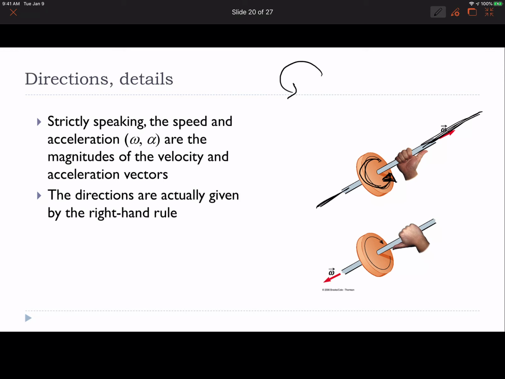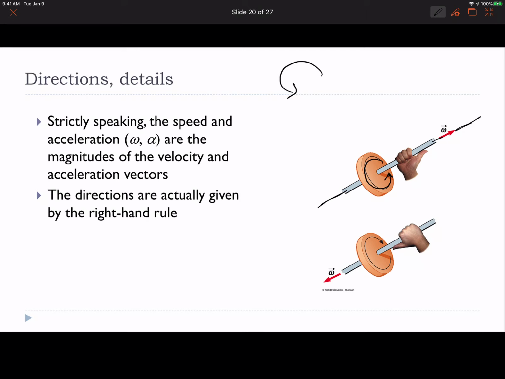So the way that we actually represent the direction for angular velocity and angular acceleration is as a vector that is perpendicular to the actual rotation itself, and it's going to be along a line that is the axis of rotation. So in this particular case, I have an axis of rotation that's going along this rod, and the object is spinning to the right or going around.